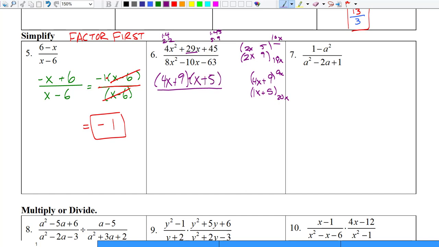Now the operation between those two parentheses is multiply. So if I can get the bottom to factor, then these things are going to reduce out nicely for me. So in the bottom, I'm going to try, let's see, 1 and 8, 2 and 4, 1 and 63, 3 and 21, or 7 and 9. Okay, so I'm going to try 2 and 4.